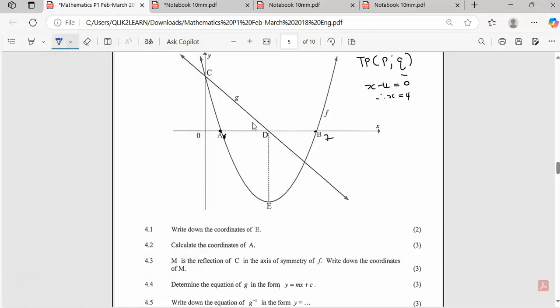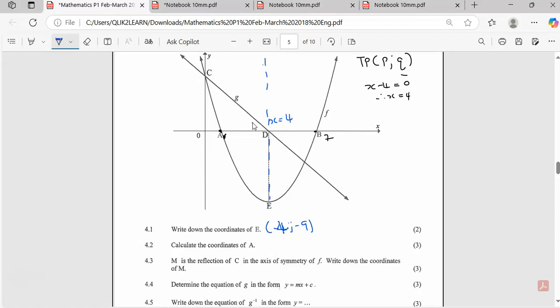The axis of symmetry is the line given by the x coordinate of your turning point, the x of E. E is (4, minus 9), so our x is equal to 4.